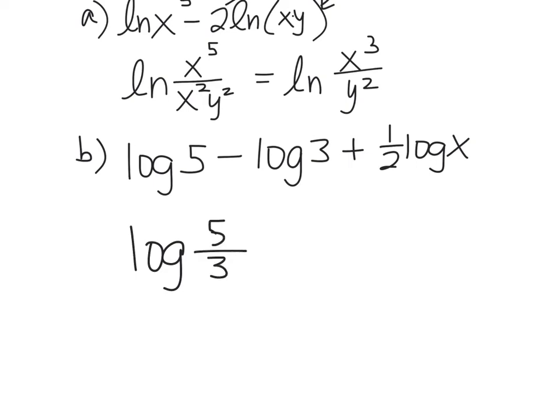And here's where I'm going to get you. Plus 1/2 log x. So that's going to become the square root of x. But a lot of people are going to put it in the denominator. It doesn't go in the denominator, okay? It's plus. When I tell you to multiply a fraction times x, are you going to put that in the bottom of the fraction? No. That goes up top. That's where it would go, okay?